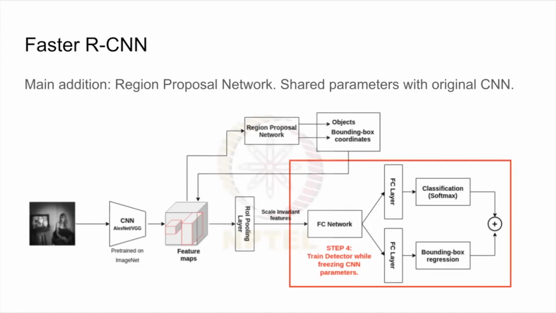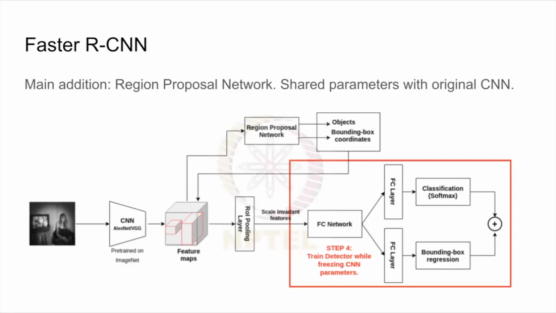Feature maps are much smaller than the original images. So instead of working with the images directly in the region proposal network, they tend to work with the feature maps.